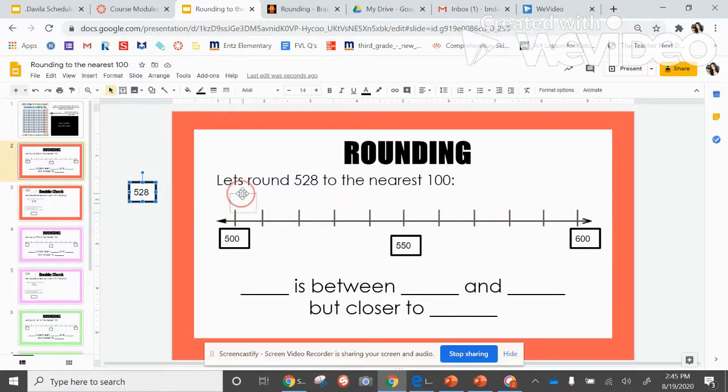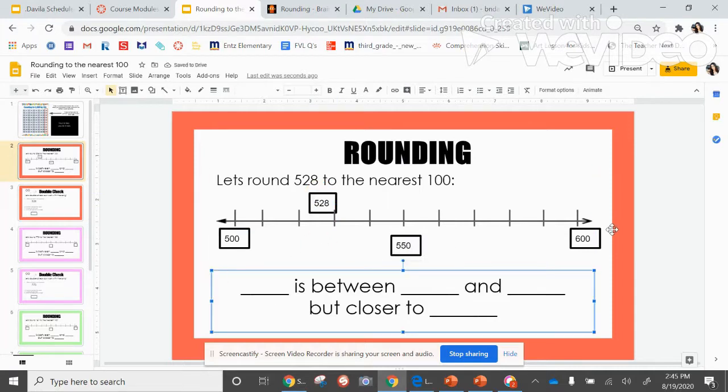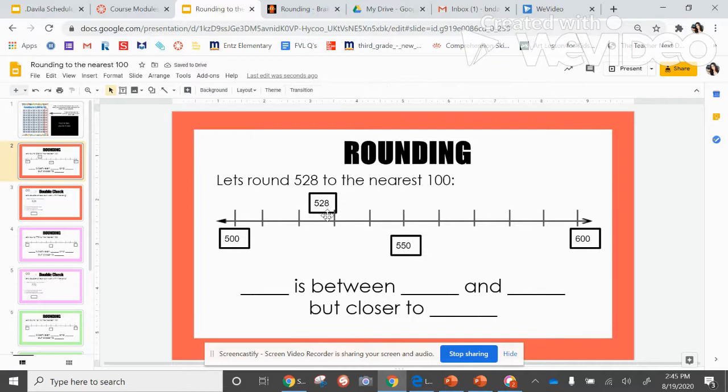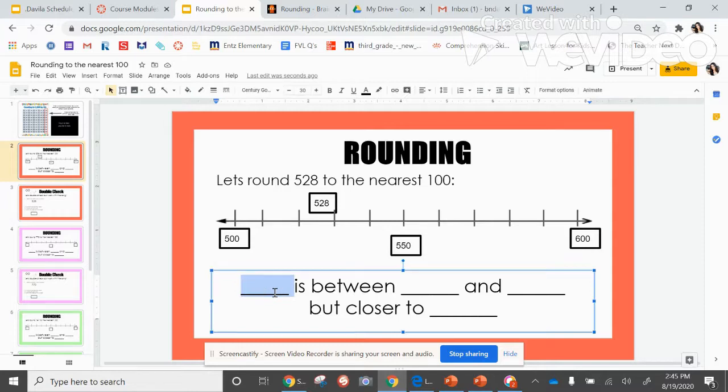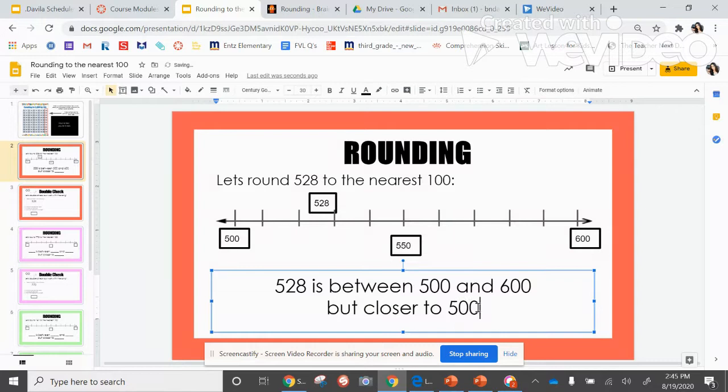So here's 500, 510, 520, 530, so I'm going to put this about right there. Now, if I look at this number line, I can see that 528 rounds down to 500 because it is closer to 500 than it is to 600. So for this example, 528 is between 500 and 600, but closer to 500.